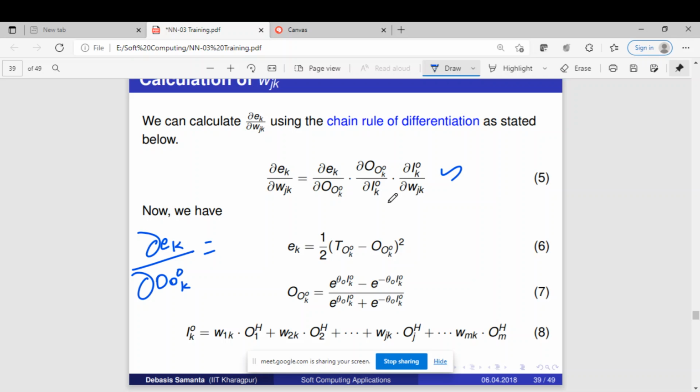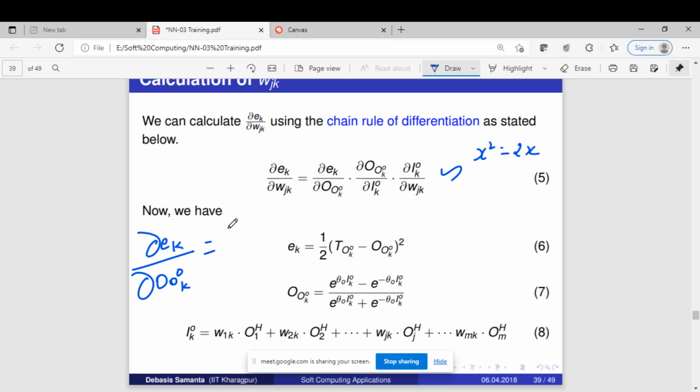Okay. See, this is of the form x square. When you differentiate x squared, you will get 2x, right? So here, when you consider this entire thing as x squared and differentiate, you will get 2 by 2 into (t_k minus o_k). That's what you will get. So this 2 and 2 will get cancelled.